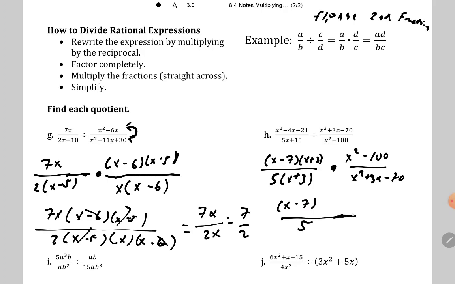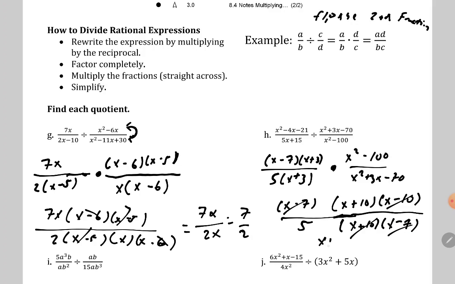And we're multiplying them together. X squared minus 100 becomes (x plus 10)(x minus 10). And then on the bottom, we're going to get (x plus 10)(x minus 7). Cancel out what we can.